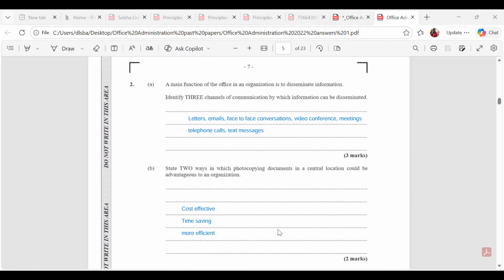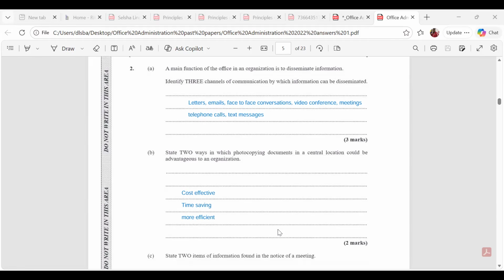It could also save time because you'll be hiring people who specialize in doing these things, so they'll be doing it faster than, let's say, a random person using the copy machine. That will reduce the errors and make it more efficient.